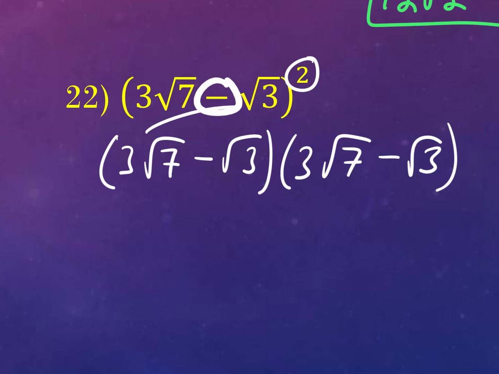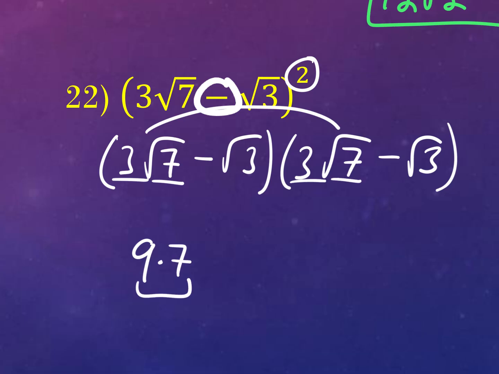Good. So 3 square root of 7 times 3 square root of 7 is what? When you multiply? Okay, it's going to get you 3 times 3, so 9. Square root of 7 and square root of 7 gets you what? 7, and so this whole thing is going to get you 63. Good.